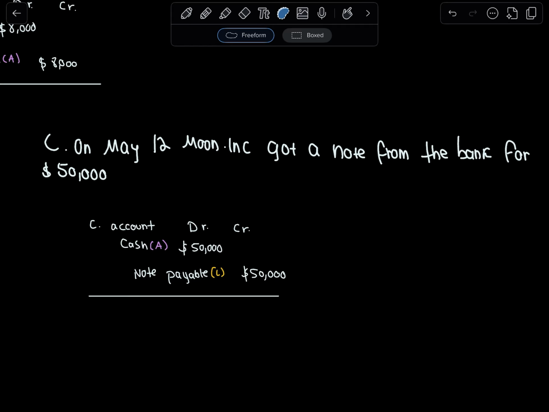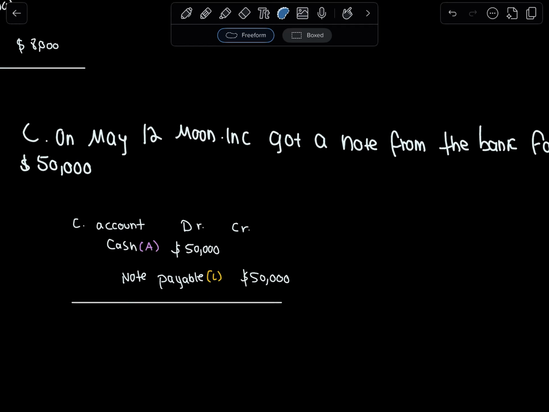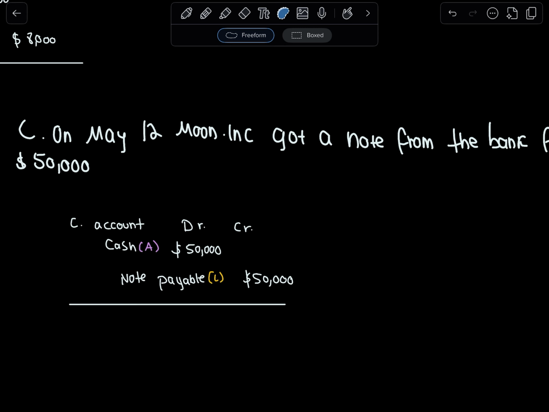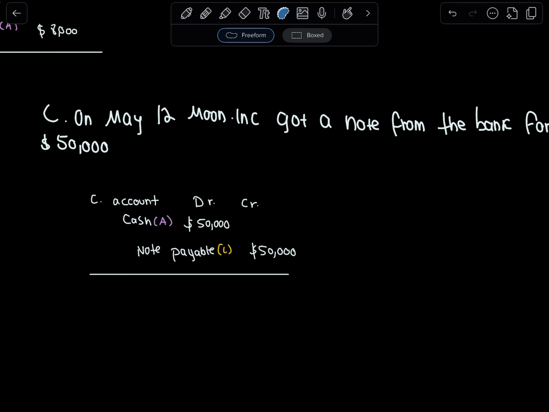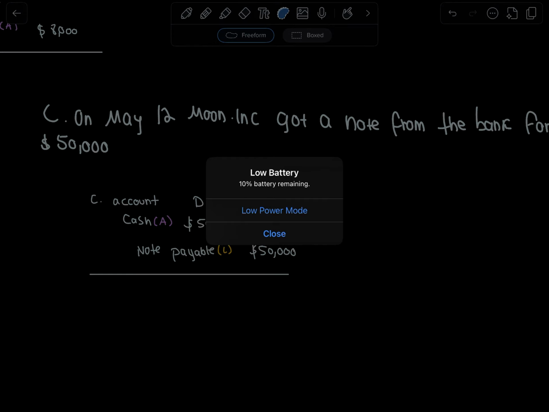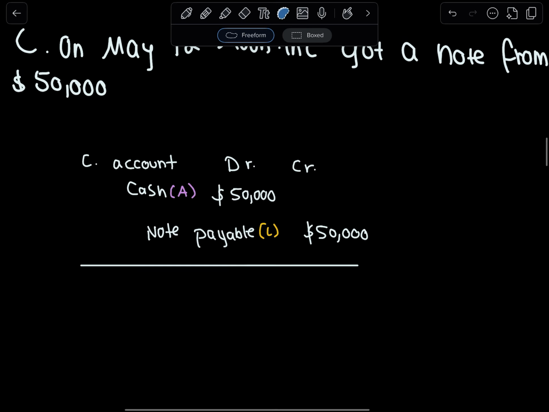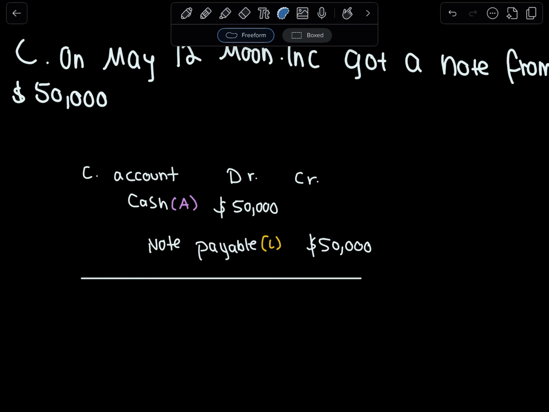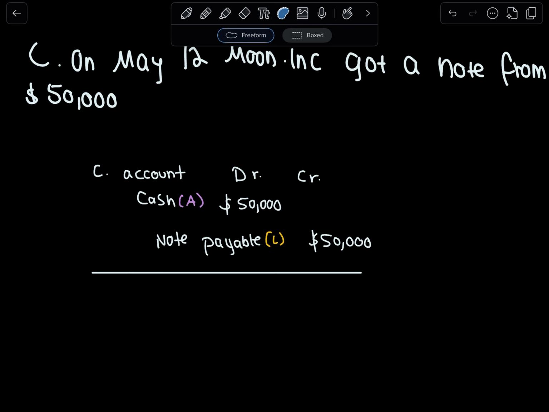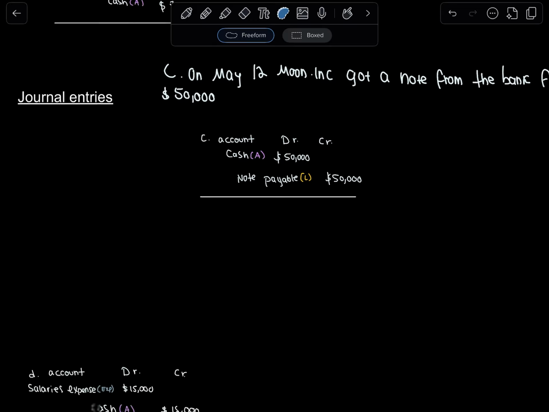So we did obtain cash, so our cash account is going to be debited because it is increasing. Notes payable is also increasing, but because liabilities increase with credit and decrease with debit, we're going to put notes payable on the credit side.